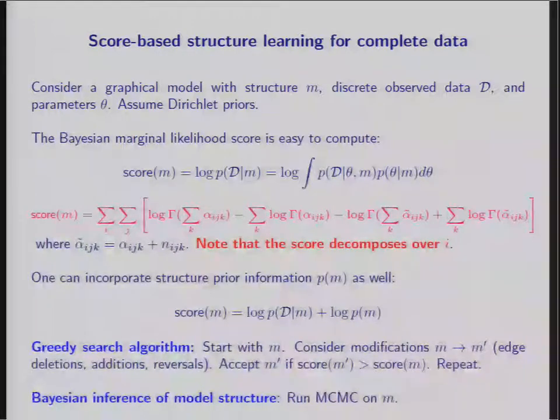What is that? That's the log of the integral over the parameters of this probability here. Because my data is assumed to be discrete and I use Dirichlet priors, these integrals can be computed exactly and analytically. So the score for a particular graph structure is the sum over all i and j.